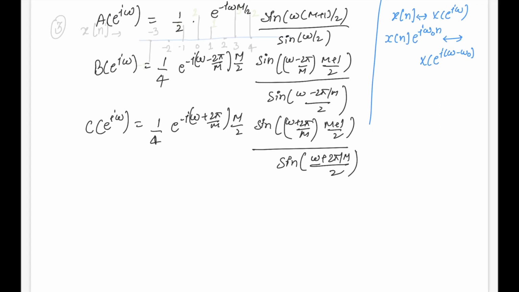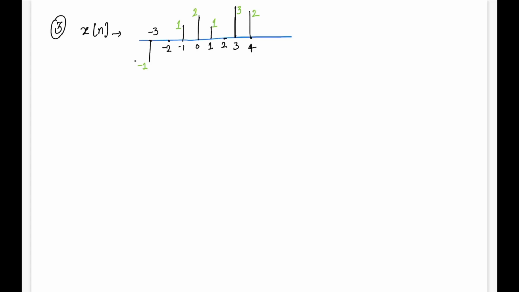Fine. Okay. Now problem number 3. In this problem, instead of being given an expression for x[n], they draw the samples of x[n] in the discrete domain. Okay, so as we know, every sequence x[n] can be written as a summation of scaled and delayed impulse functions.